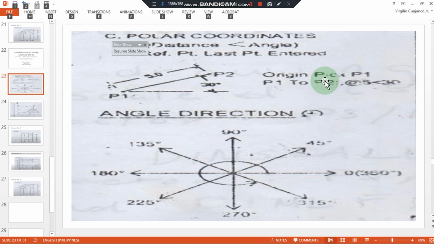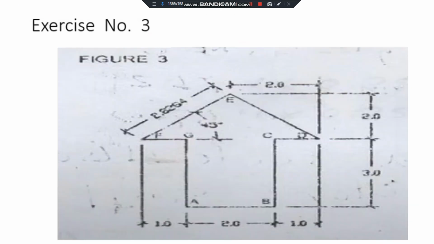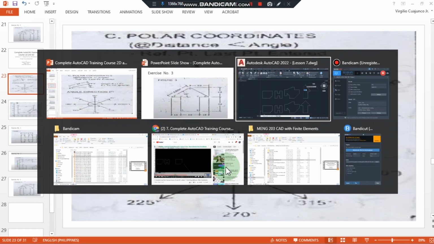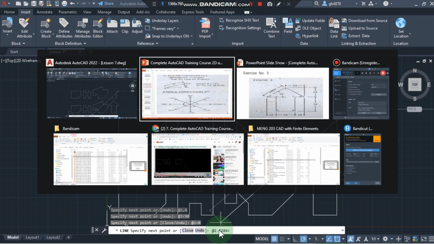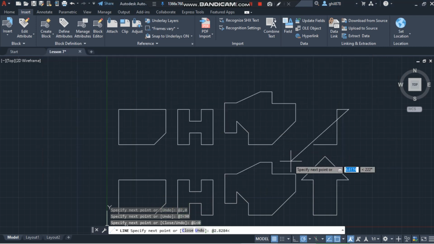So that will be 135 degrees with a distance of 2.8284. So at 2.8284, angle of 135, enter.